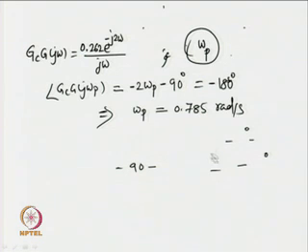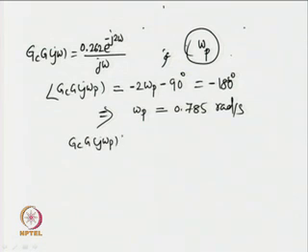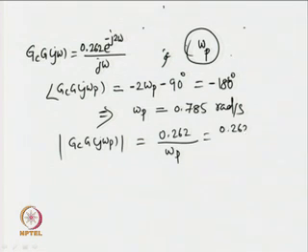Now, at this phase crossover frequency, what is the gain of the system? Let the gain of the system at this phase crossover frequency be the magnitude of GCG j omega p, equal to 0.262 upon omega p, equal to 0.262 upon 0.785.